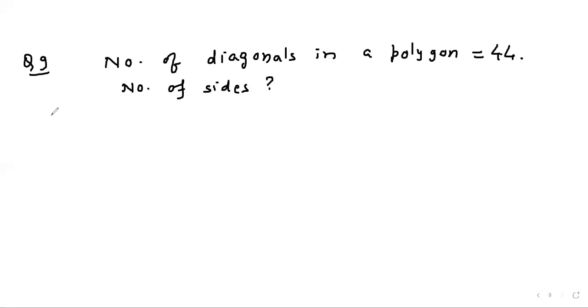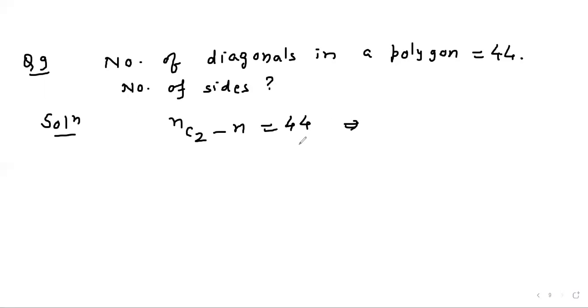So as you know that number of diagonals are given by nC2 minus n, where n is number of sides. So it is given as 44.